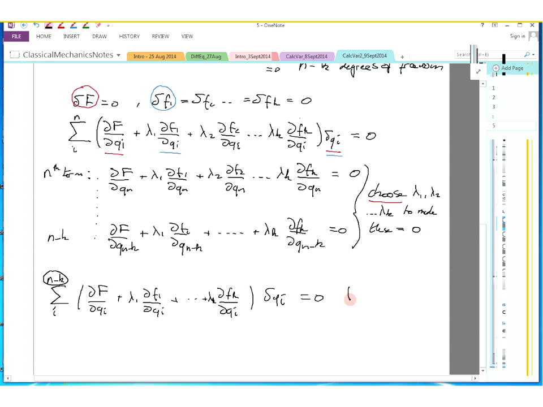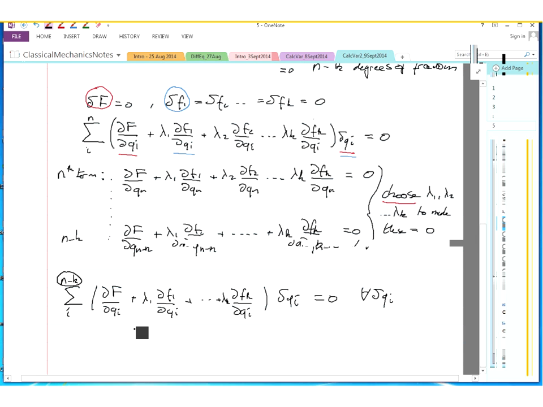So now i only goes up to n minus k, and these delta q_i's can now be varied independently. And so if these can be varied independently and the sum has to be equal to 0, that means each term in the brackets is identically 0.